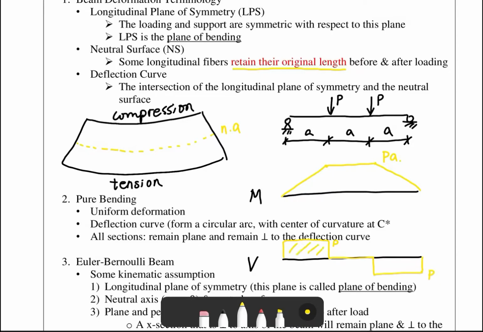So you can see the area here is P times the length A, and that's why. In the middle of this region, the moment is not going to be 0, but your shear is going to be 0. So this is going to be called pure bending here.